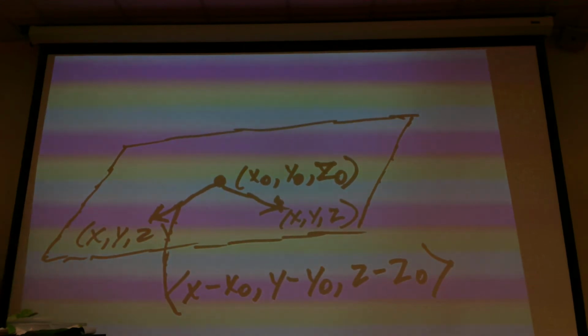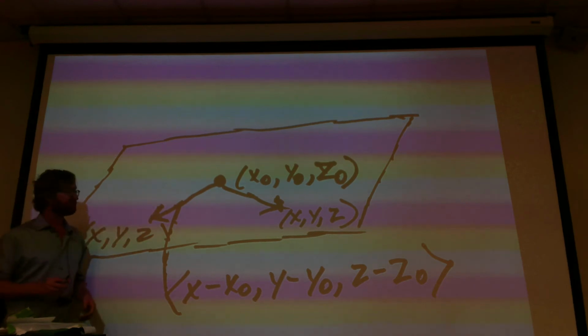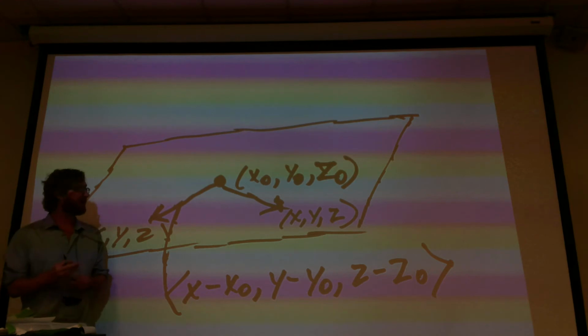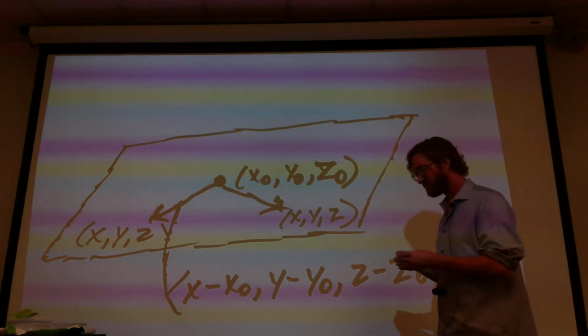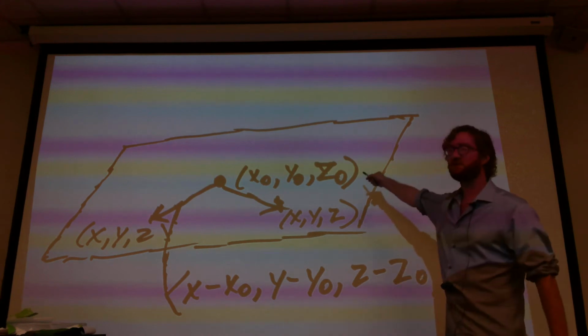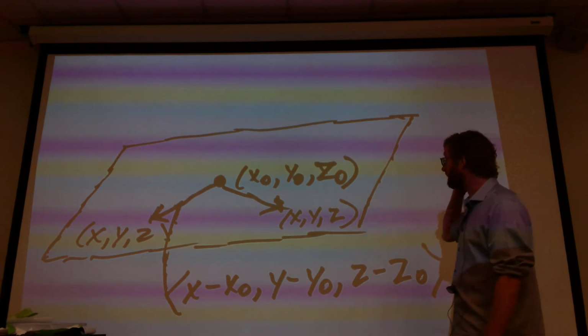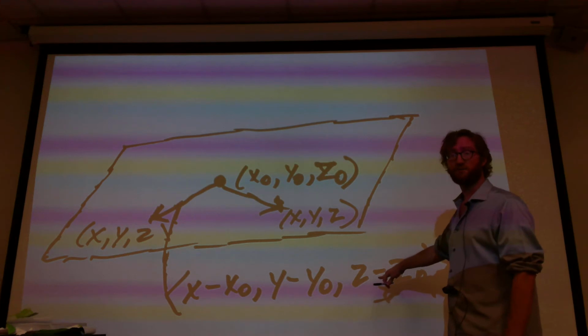It's always going to be the terminal point, which is x, y, z, minus the initial point. So any vector xyz sticking out anywhere within this plane, corresponding to the initial point that we're dealing with right here, would be described in this way.